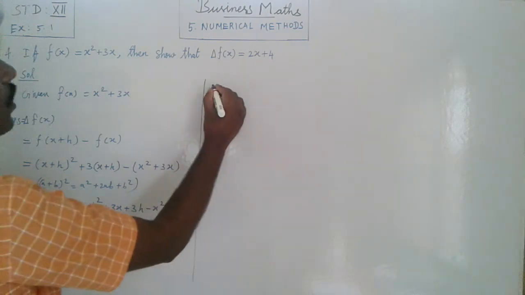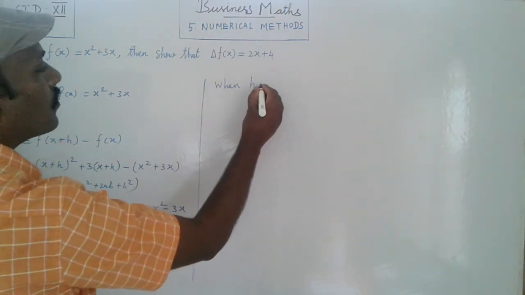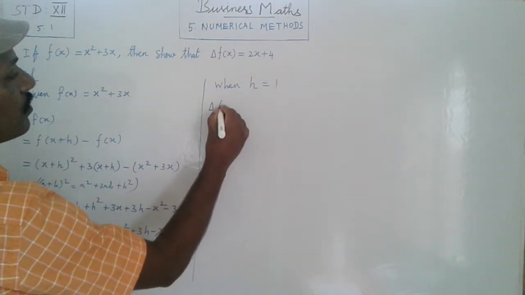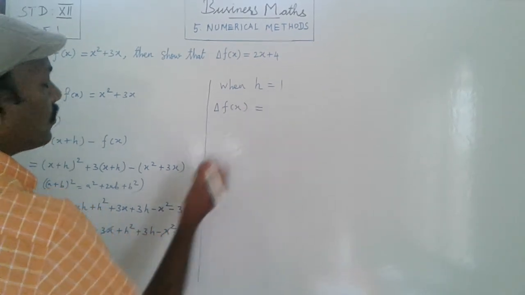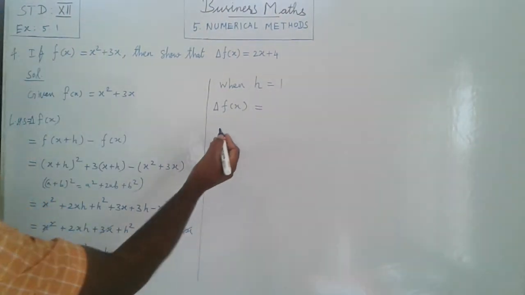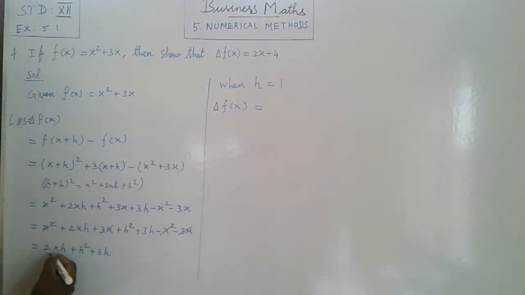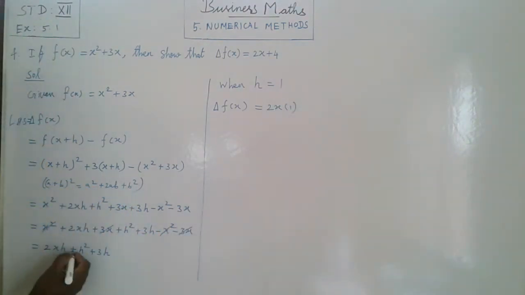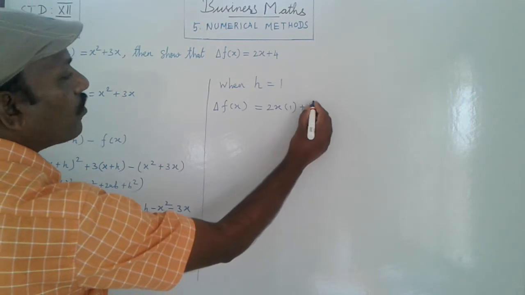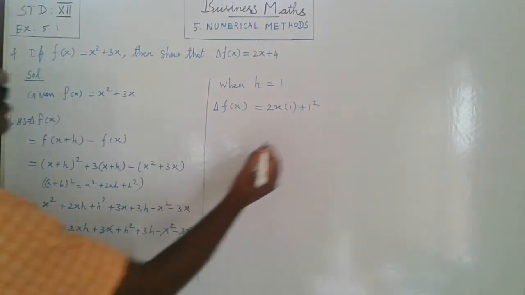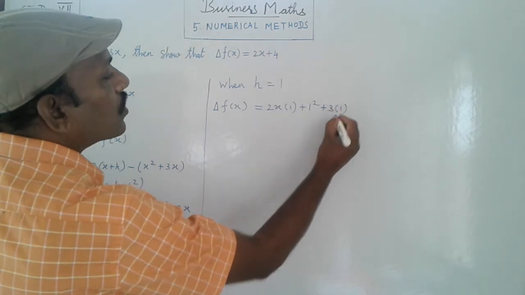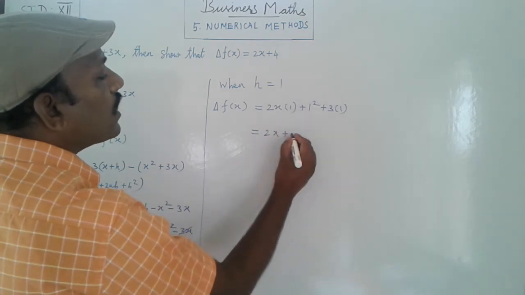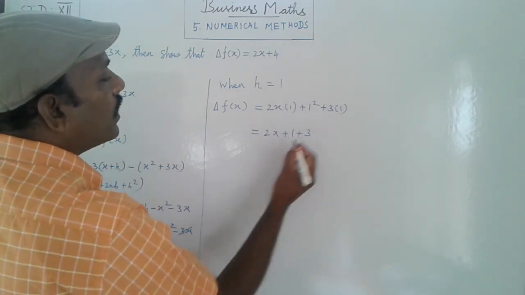When h equal to 1, substitute here. Delta f of x equal to 2x into 1, plus h square, 1 square, plus 3 into 1, since h value is 1. 2x into 1 is 2x, plus 1 square is 1, plus 3 into 1 is 3.